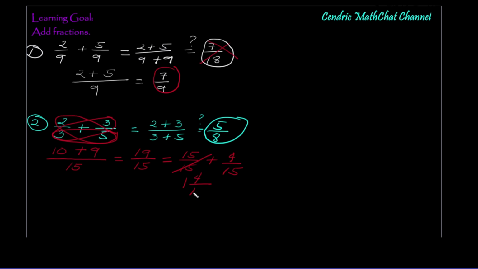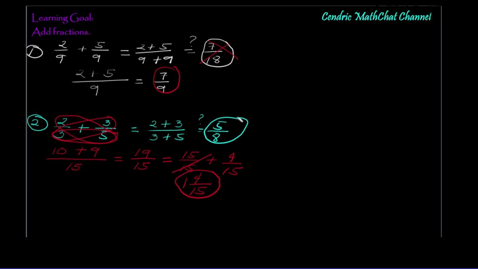So the sum of 2/3 and 3/5 is 1 and 4/15, and it is not 5/8. So in other words, do not simply add the numerators and the denominators when you're looking for the sum of fractions.